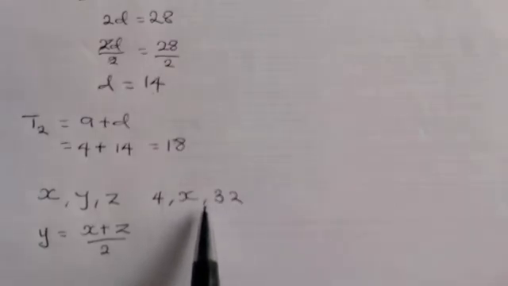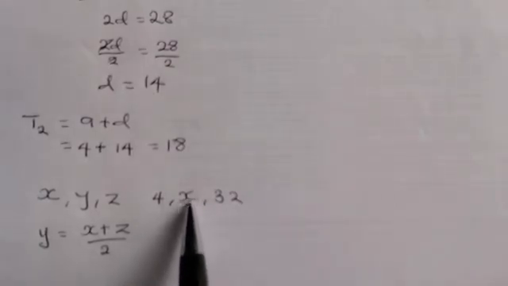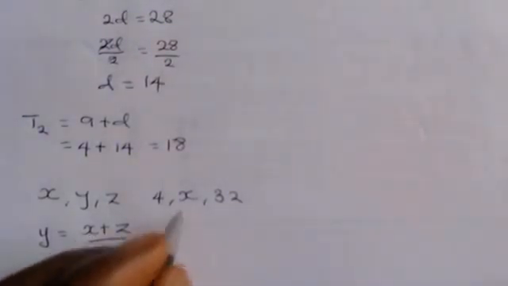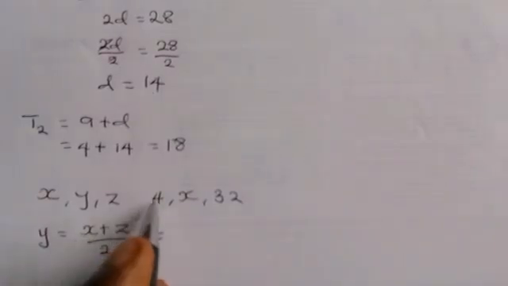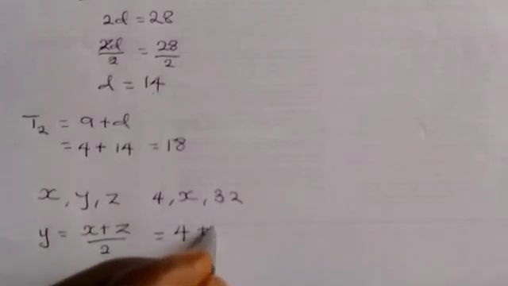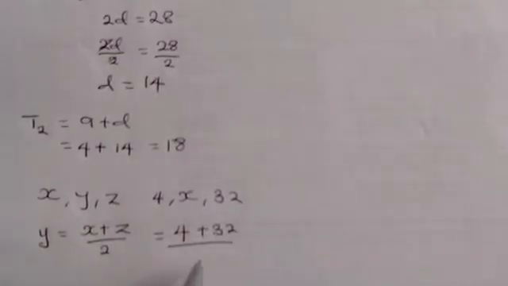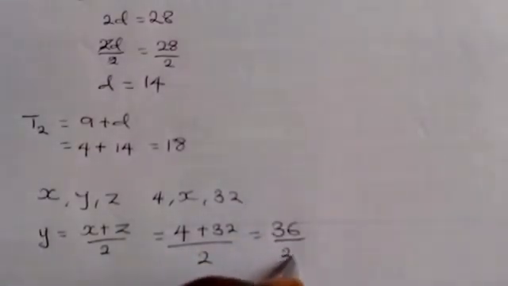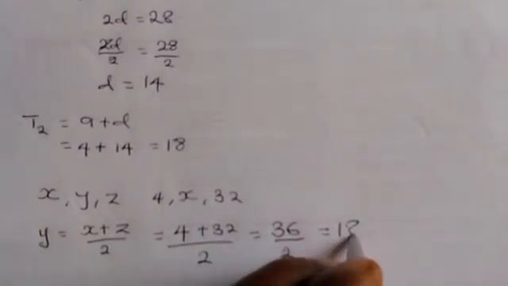So for us to find arithmetic mean, that is the second number here, we are going to have this equal to the first and the last here, which is 4 plus 32 divided by 2. 4 plus 32, we have 36, divided by 2. And 36 divided by 2, we have 18.